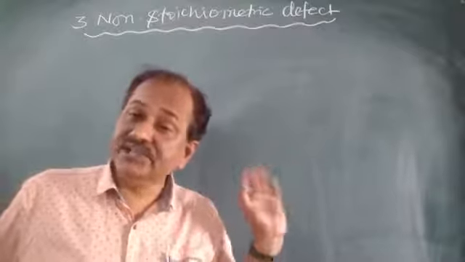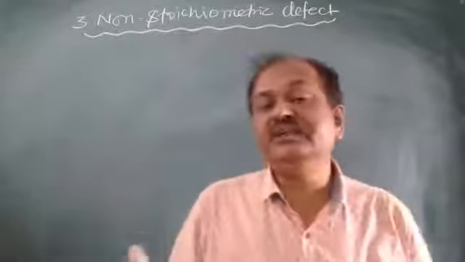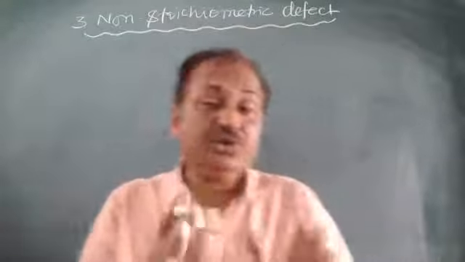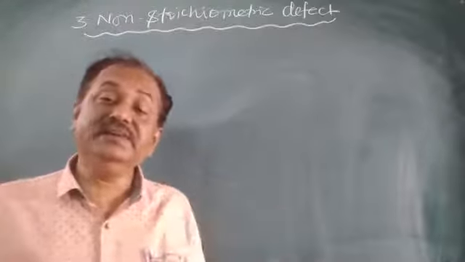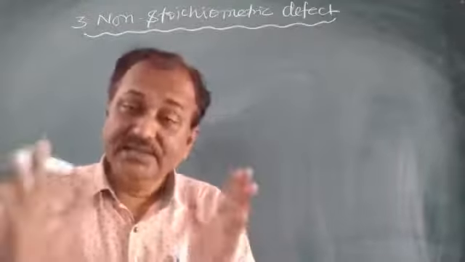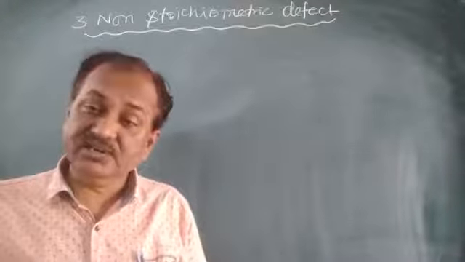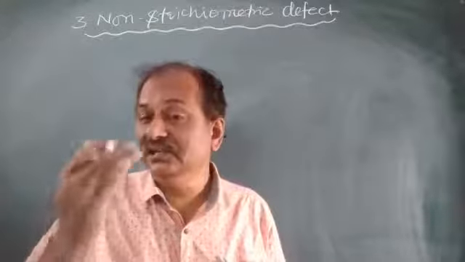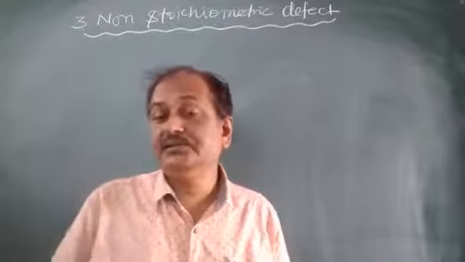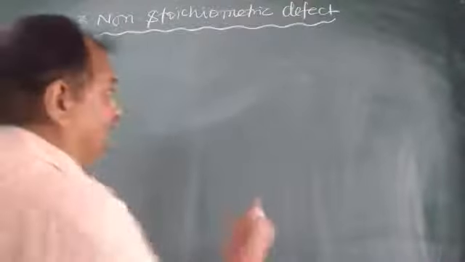Now coming to the second very important part, non-stoichiometric point defect. Non-stoichiometric, as you know, is when the stoichiometry is not maintained, when the stoichiometry is lost, that is, the solids are not symmetrical, and it leads to different properties, and it is again of the following types.